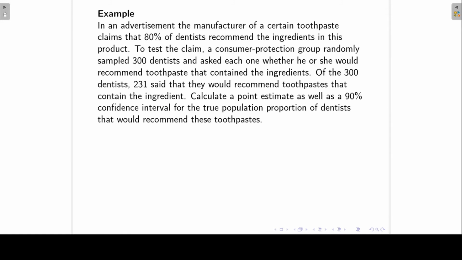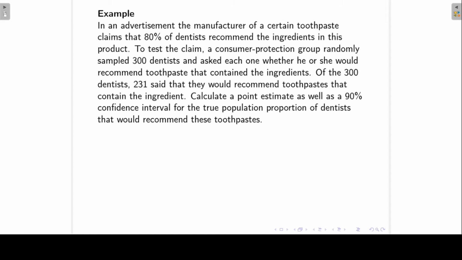Okay, so let's look at an example. In an advertisement, the manufacturer of a certain toothpaste claims that 80% of dentists recommend the ingredients in this product. To test this claim, a consumer protection group randomly sampled 300 dentists and asked each one whether he or she would recommend toothpaste that contained this ingredient.